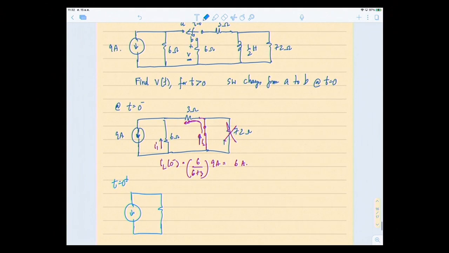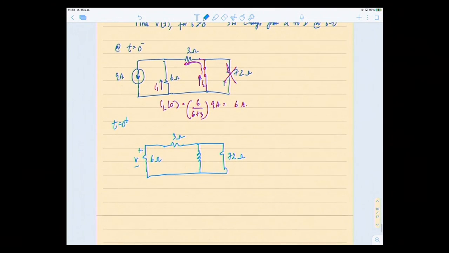Okay, the switch changed to B. So therefore, you're left with 6 ohms plus minus V, right? And this is the 3 ohms, inductor, and 72 ohms. This becomes your circuit, right? And this is IL at 0 plus.